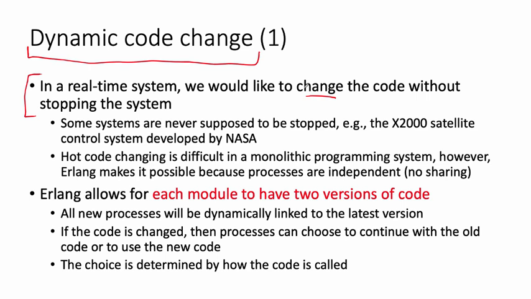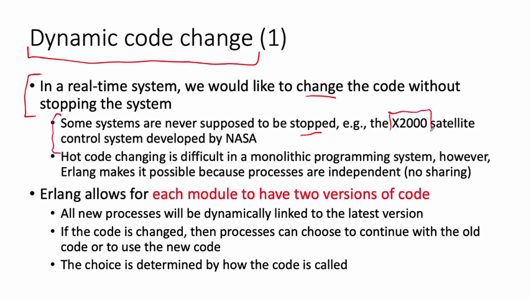This is something maybe you don't have much experience with, but in a system that does real-life behavior, you do not want to stop the system when you update the code. You upgrade or you fix a bug. You do not want to stop.